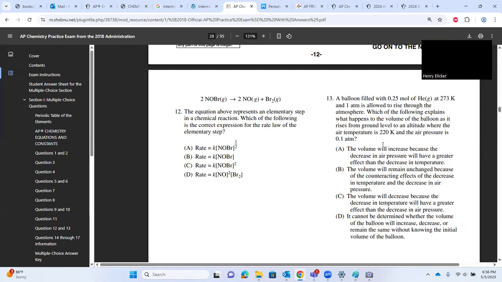So guess what? We should expect that this balloon will increase in volume because there's less molecules holding it together. And so those intermolecular bonds are being overcome. All right. And so 13, let's see. So the volume will increase because a decrease in the air pressure will have a greater effect than the decrease in temperature. Yes.